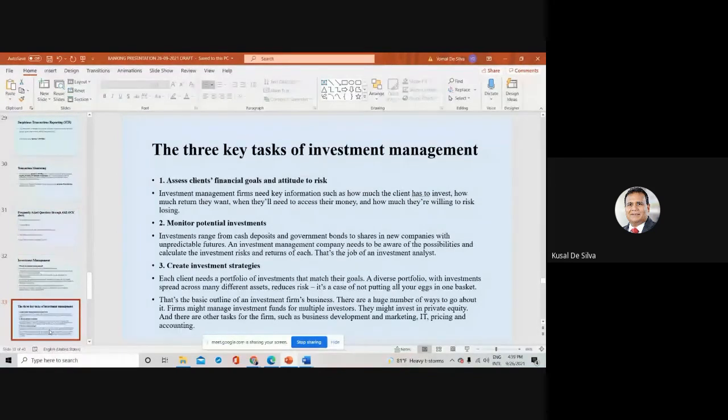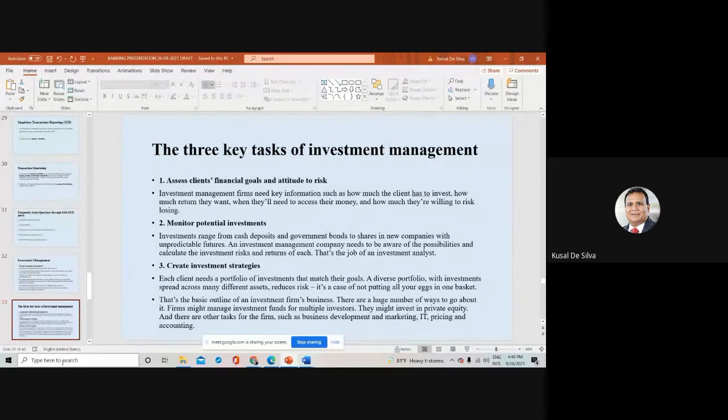Macro level understanding is key, because as I mentioned on the first day, the GDP growth, government policies, and economic factors such as interest, inflation, foreign exchange rate, and the trade gap all have an impact on the market.